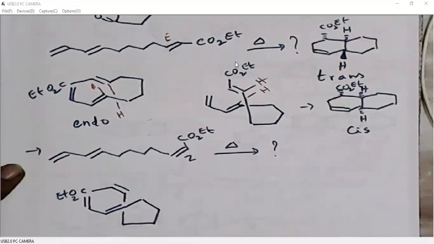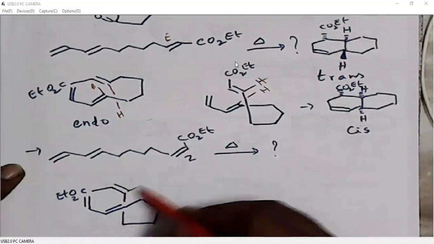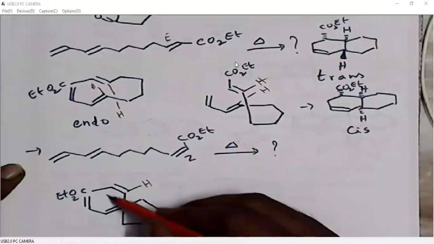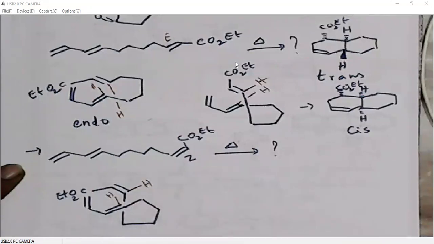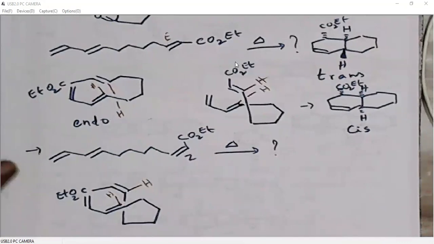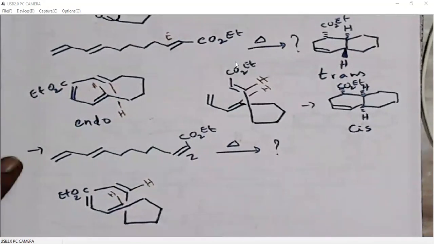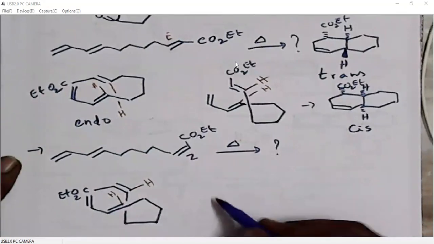Then we need to predict the hydrogens. Hydrogen and ester both are opposite. Here, this hydrogen is also opposite. I think it's not clear, I will redraw it.